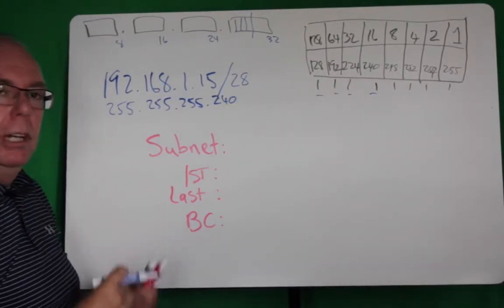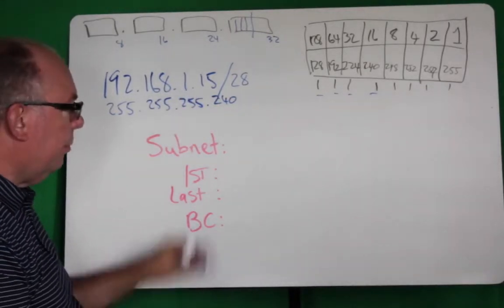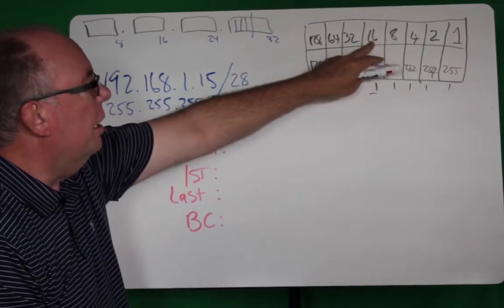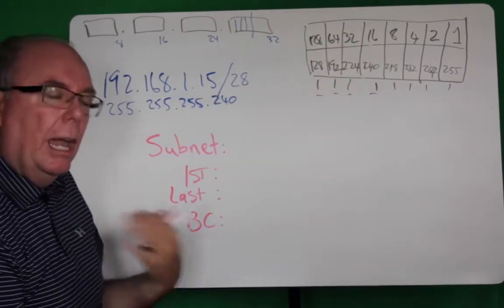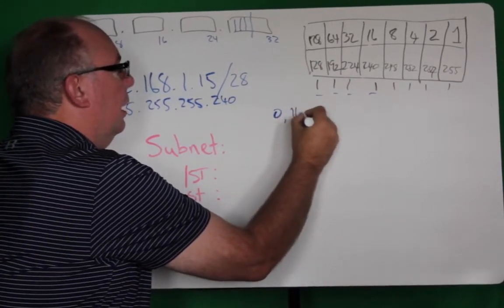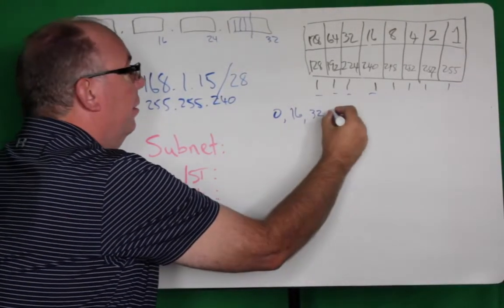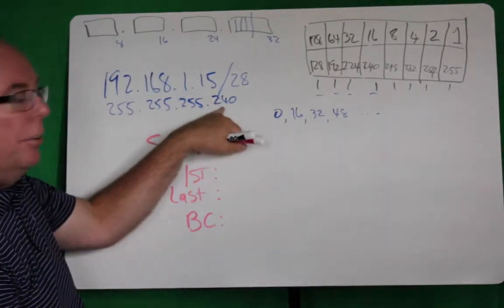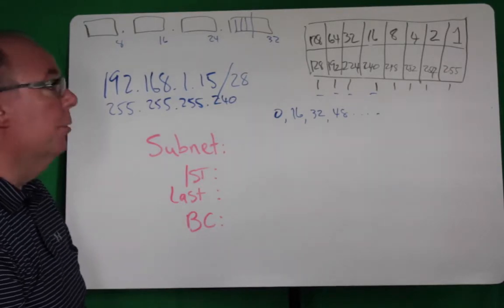Now from this, we need to figure out what particular network this belongs to. And the way that we do this is we look at this 240 being on the 16 value. This means that we're counting by 16s. It means the subnets are 0, 16, and then you would add 16, 32, and then you would add 16 again, 48, etc. These are the subnetworks that a mask of 255.255.255.240 gives us.